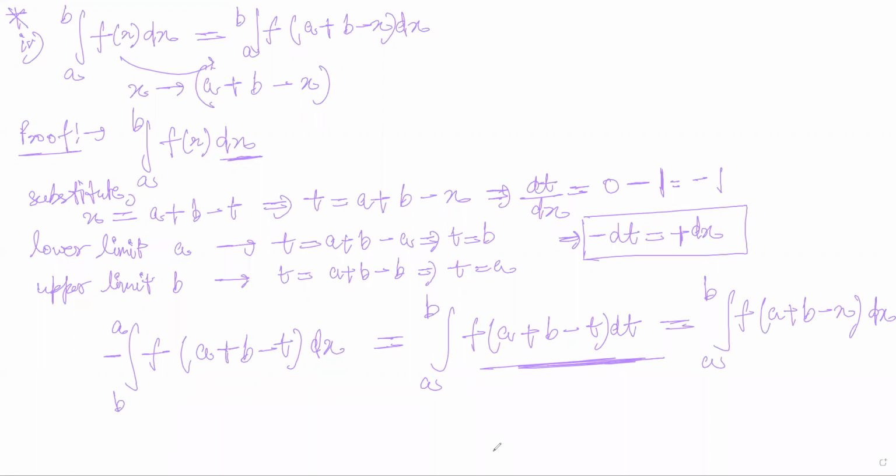Hence, whenever you see any integration and you are not able to spot any property, just always try your luck with this. So to integrate f of x from a to b, you can also write it as a to b, just change your variable x with lower limit plus upper limit minus x.